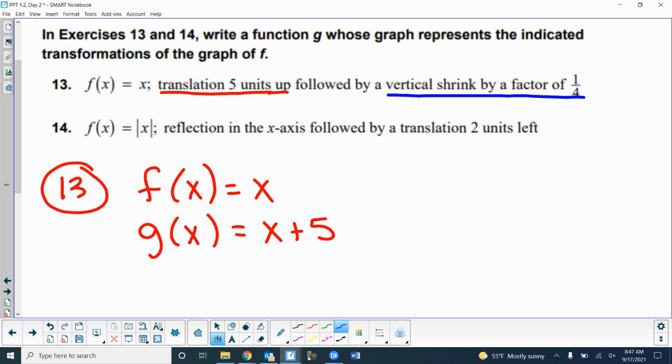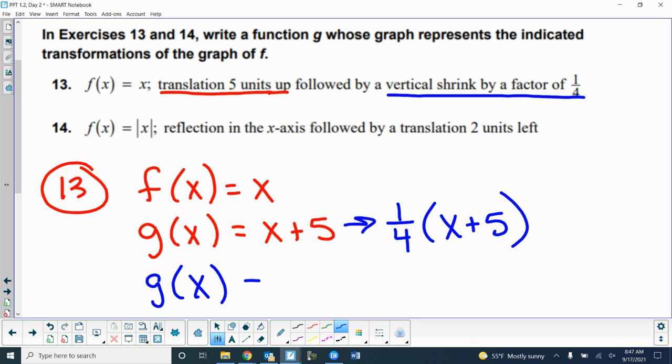So we're changing the y, so we have to multiply 1/4 times the whole thing. Then we need to simplify it. How do I simplify it? What do we call it when I do this? Distribute. So 1/4 times x is just 1/4 x.